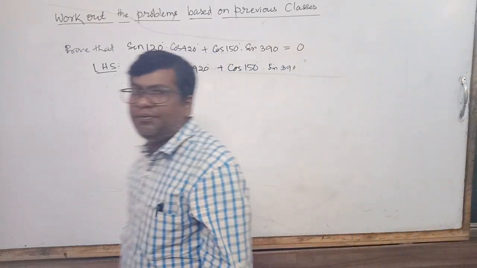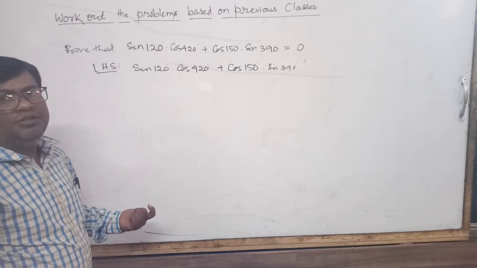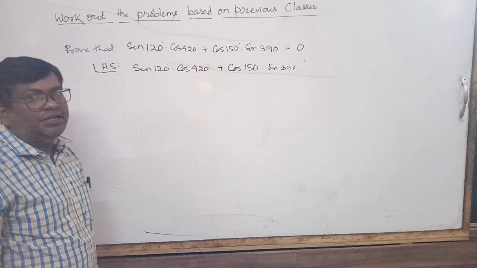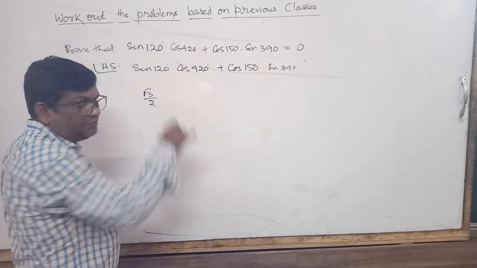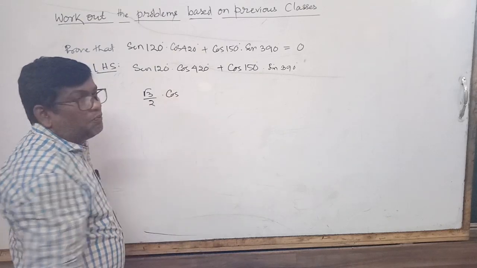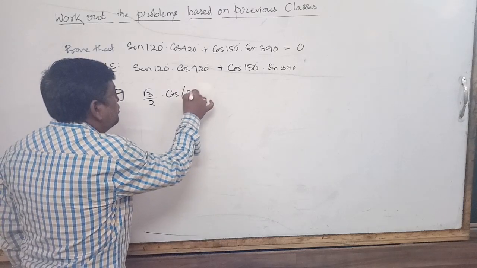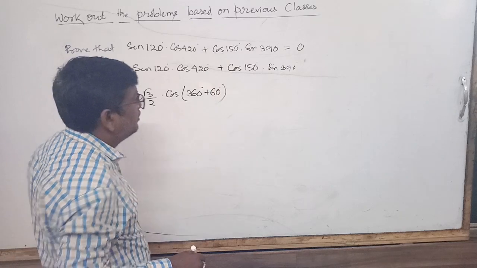We know the value of sin 120. What is the value of sin 120 degree? The value of sin 120 degree is root 3 by 2. Clear? And this is cos 420 degree, which we can write as 360 degree plus 60 degree.